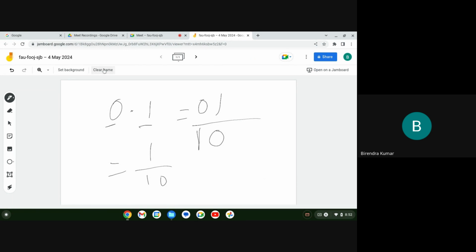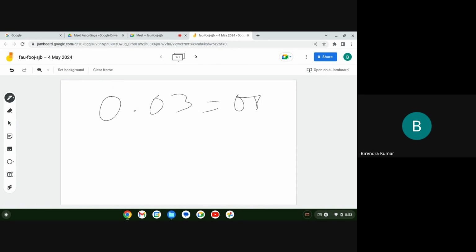The topic that we picked up first was decimal to fraction conversion. Some of you already know how we convert. There's a question that Ishan has asked, and we'll come to that. First, how do we convert a decimal to a fraction?